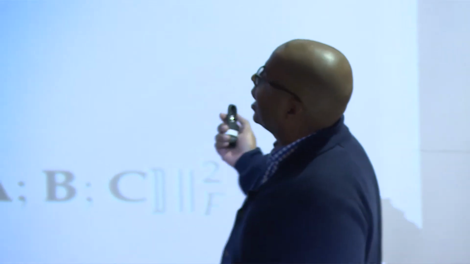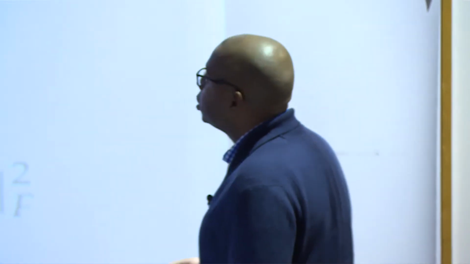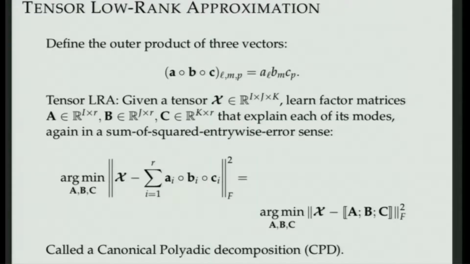Okay, so just a recap of the notation, remember the outer product of three vectors. Then the tensor low rank approximation problem is to find, in this case we're looking at a three-mode tensor, an I by J by K tensor.